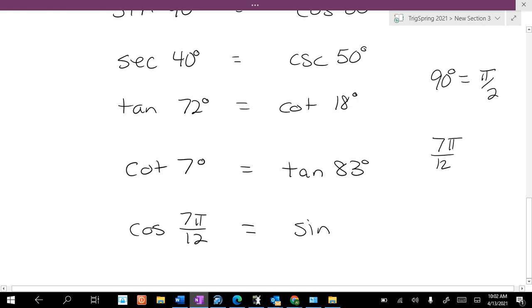So we took 90 degrees minus this to equal this. So we have to take pi over 2 minus 7 pi over 12, which is 6 pi over 12 minus 7 pi over 12, which equals negative pi over 12. So the cosine of 7 pi over 12 equals the sine of negative pi over 12. Okay?